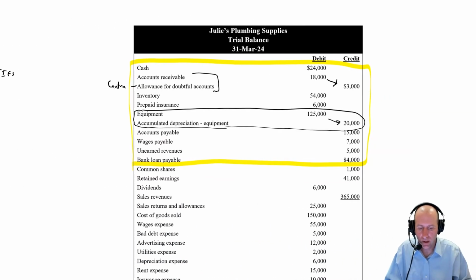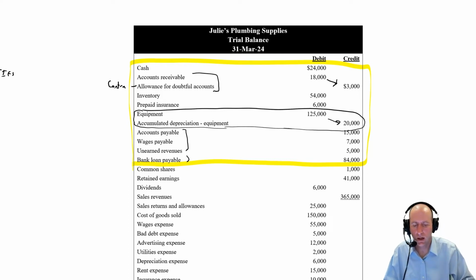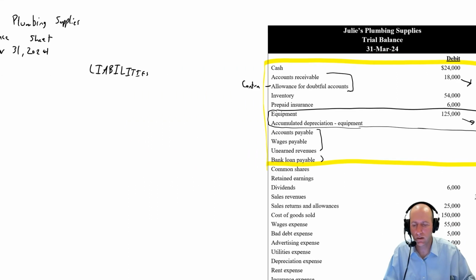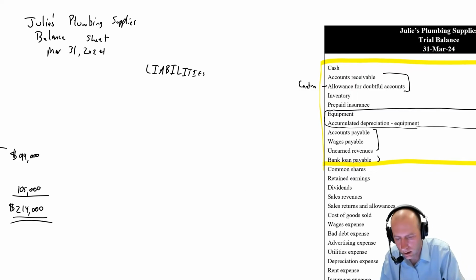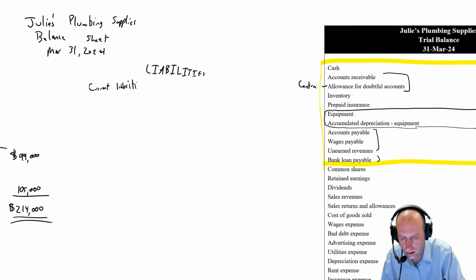Looking at liabilities, accounts payable, wages payable, unearned revenues would all be current. Bank loan payable, long term. There's no current portion noted. We'll just assume there isn't one. So accounts payable, wages payable, unearned revenues, all current. Liabilities.